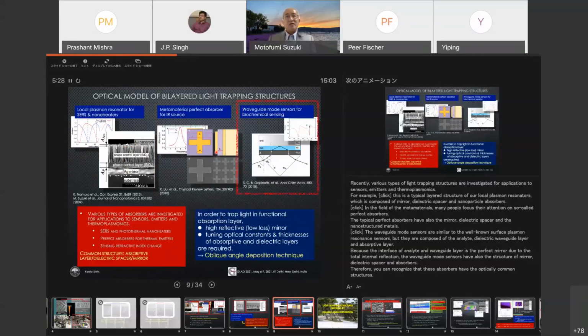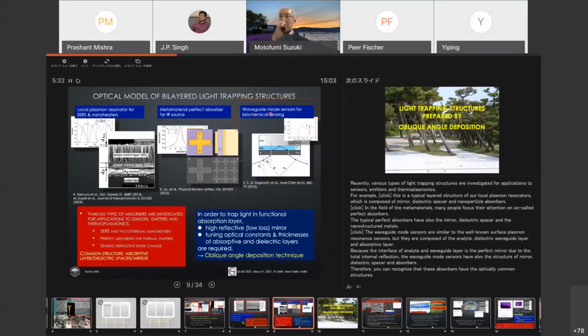So this is the structure of the typical waveguide mode sensors. They are very similar to the localized plasmon resonance sensors, but they are composed of the analyte, a dielectric waveguide layer, and an absorption layer, as shown here.